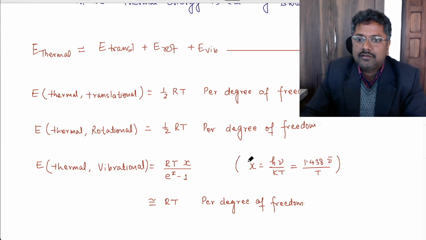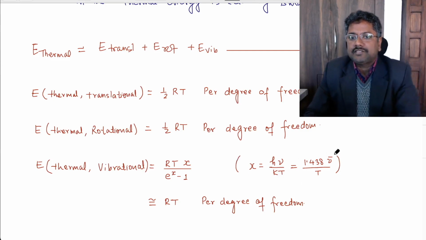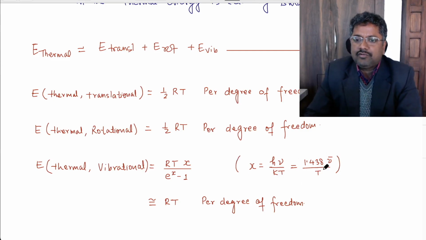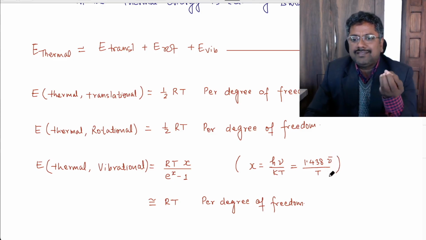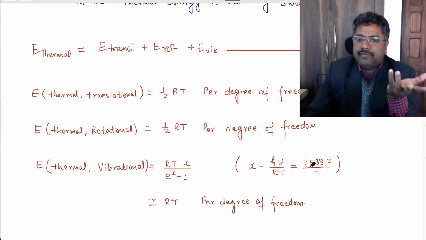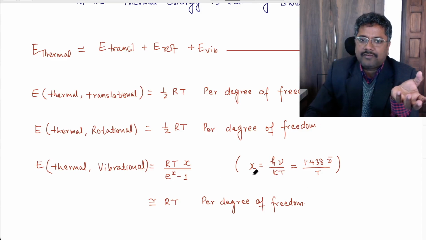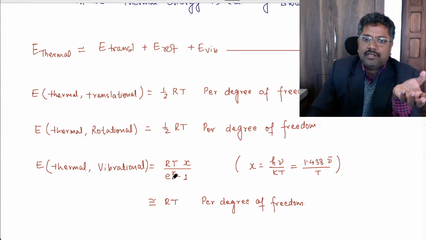So if you put here the value of t, and here the wave number. So wave number, if you take in angstrom, this will be a very small value, and if you divide by the temperature, again you will get a very small value of x. So this is very small, e to the power x minus 1.